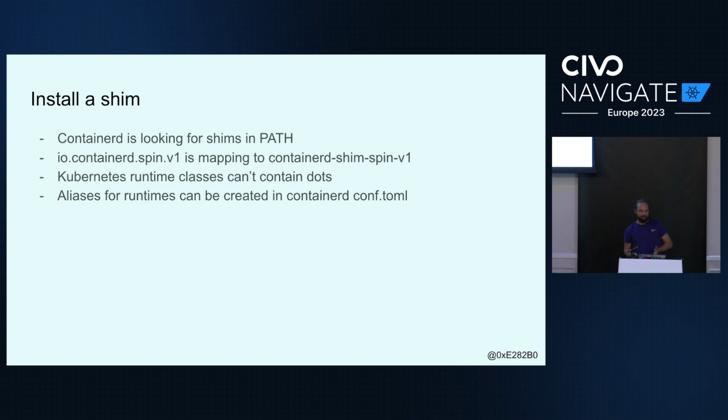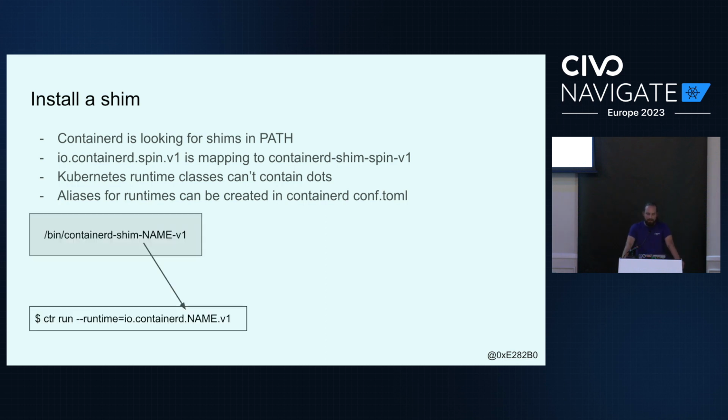But how to install such a shim? Containerd is usually looking for shims in the path. If you have a runtime registered for io.containerd.spin.v1, here it is spin, here is the name, okay.